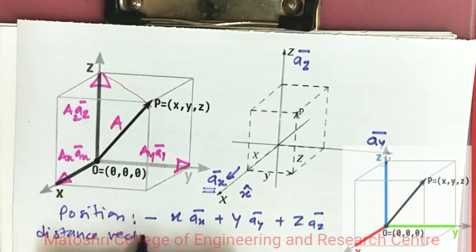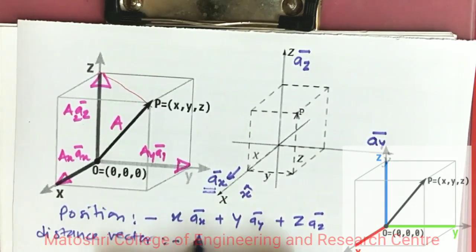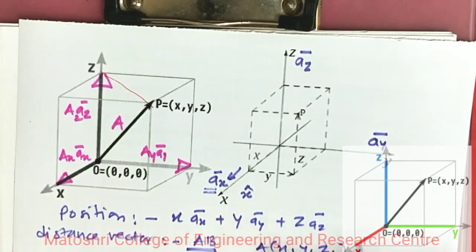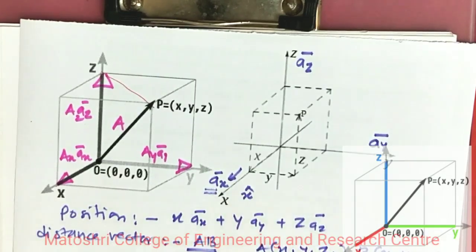In the case of a distance vector, the vector is drawn between the two points A and B. Suppose the point A is at a location x1, y1, z1. Point B is at a location x2, y2, z2.